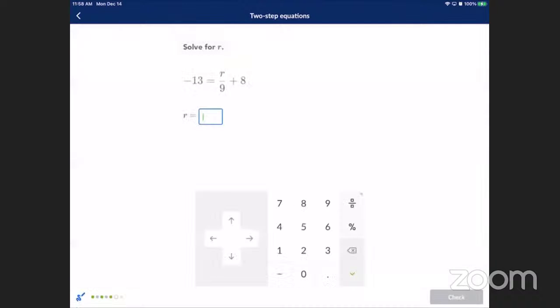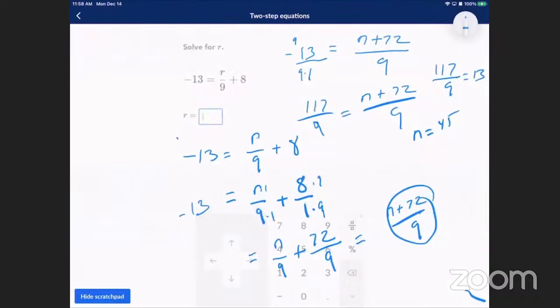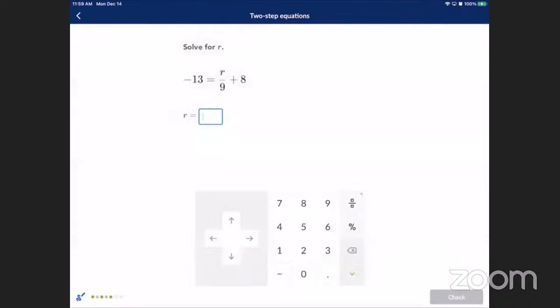I think. Let me see now, because if this is not n, this is r. Apologies. R equals 45, right? 45 over 9 is equal to 5, right? That's the whole thing, like this number equals this. It's really hard to understand what 45 over 9 looks like, but it's great to see this.